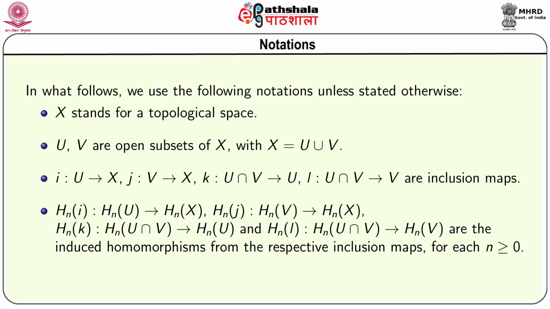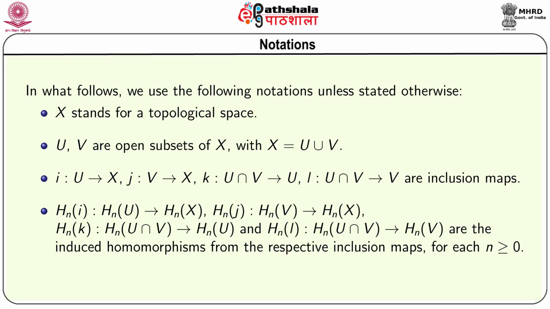Now, we shall use all these notations. Whenever we say capital X, we always mean that it is a topological space. If U and V are taken, then they always mean open subsets of X with X equal to U union V, unless we state otherwise.